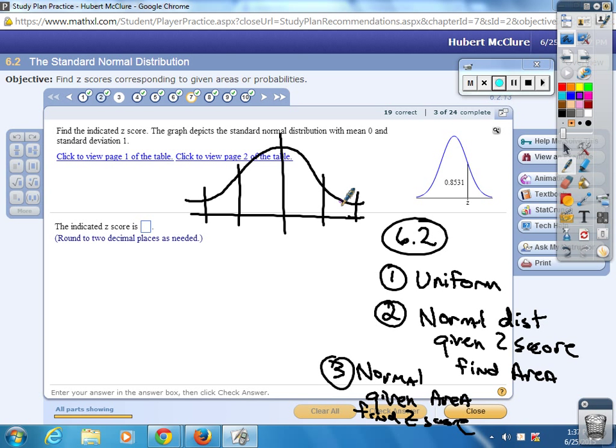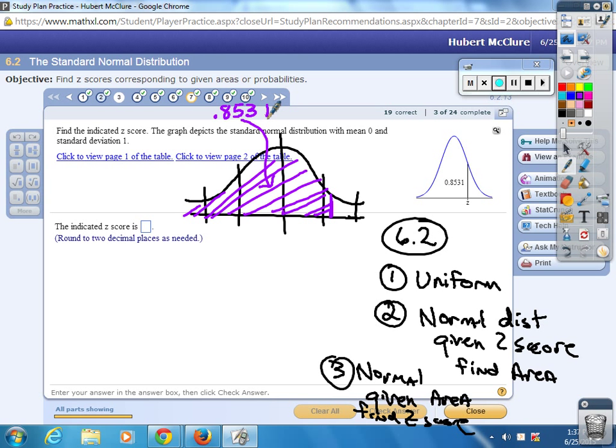So that's 84%. 84% is right in here. So 85% is going to be right somewhere in here, and this area right here is 0.8531.